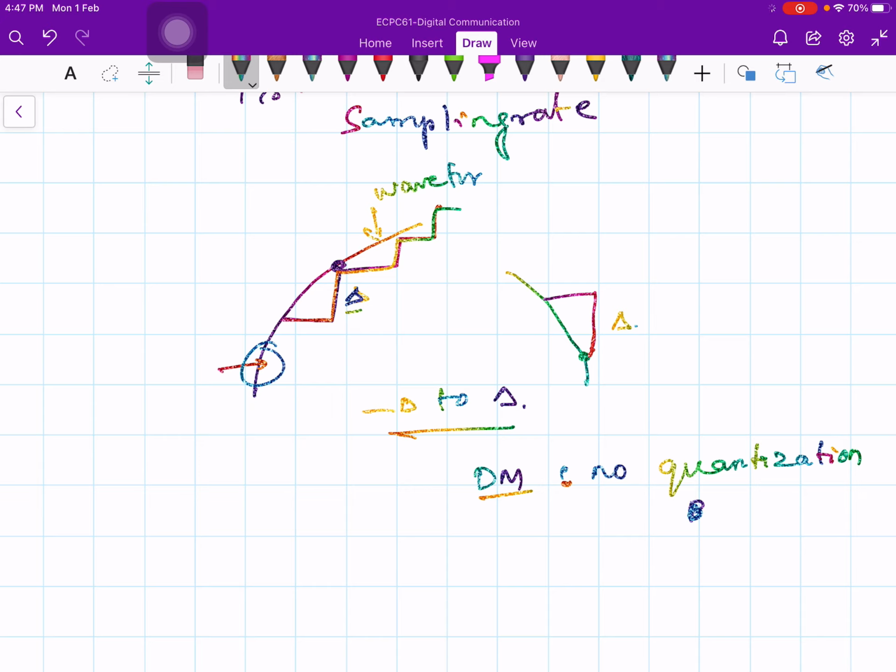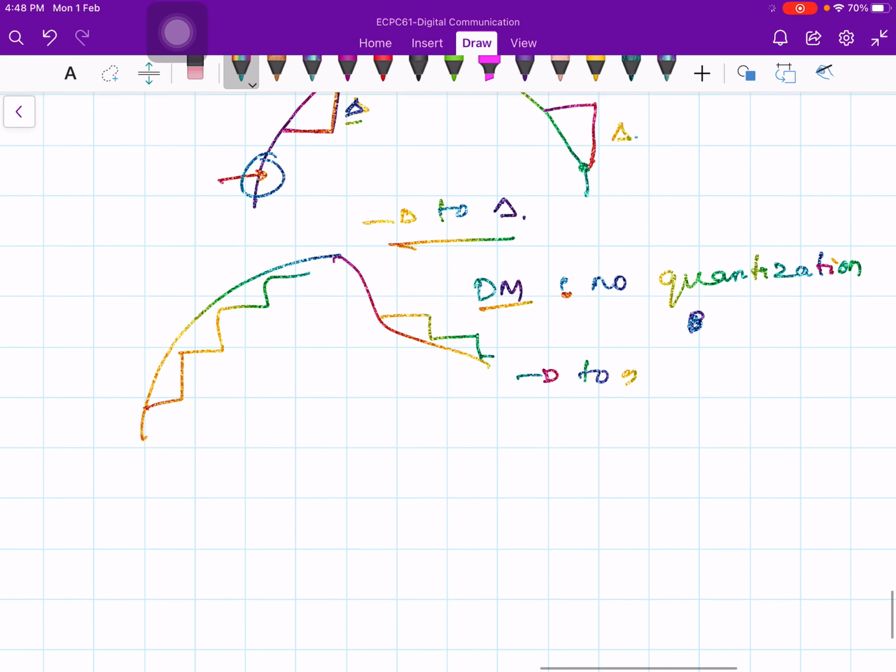You are just trying to track the waveform. If the waveform is like this, you keep on tracking like this. If the waveform comes like this, then keep on tracking like that. While doing this tracking, you are making a certain amount of error, and that error is called a quantization error. The limits are different here, and the error limit is minus delta to plus delta.